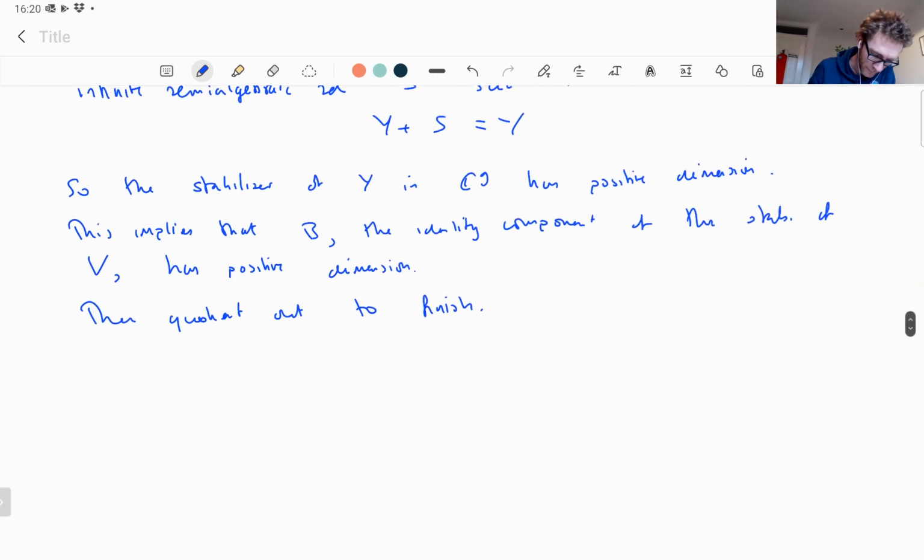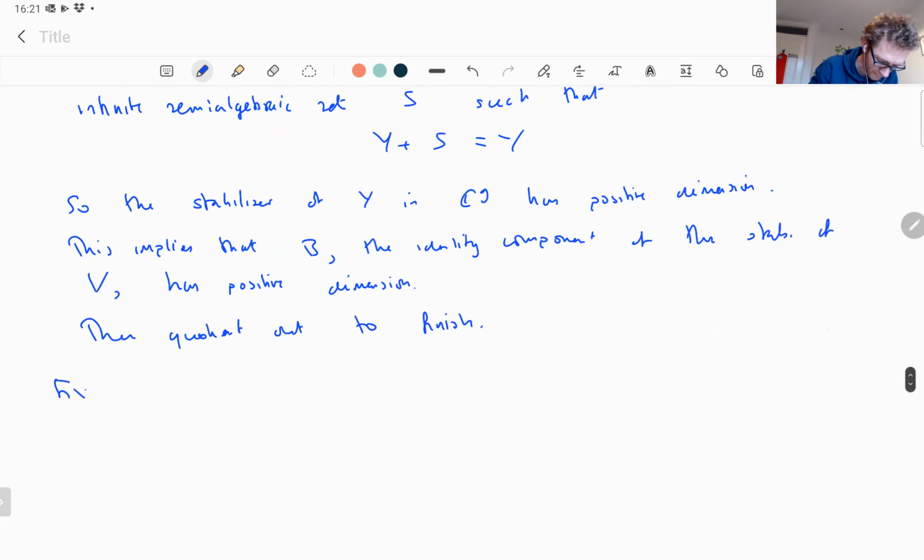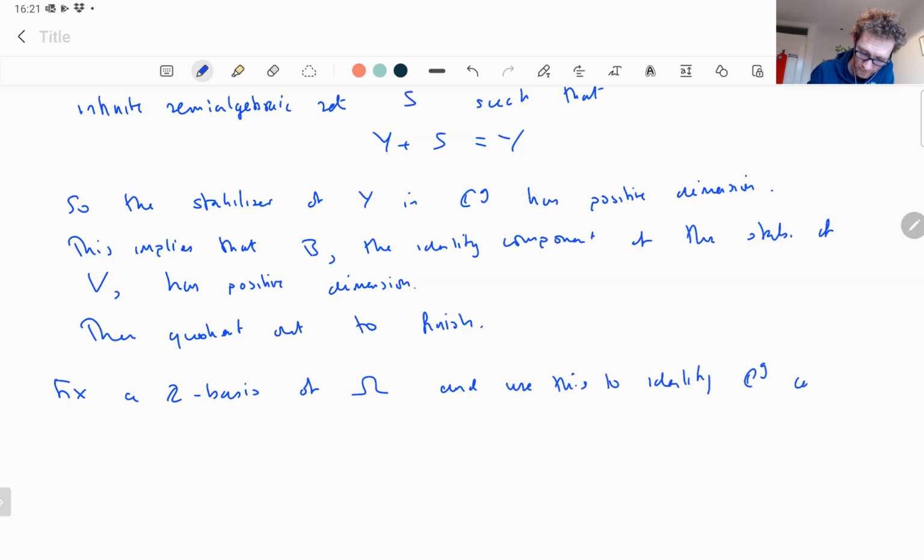Okay, so we've got our omega, so we fix a Z basis of omega. And we'll use that to identify C^g and R^2g. So then points of omega will correspond to integer points.